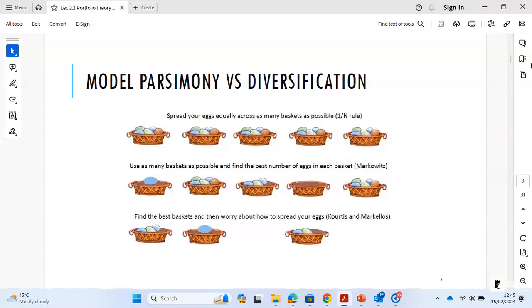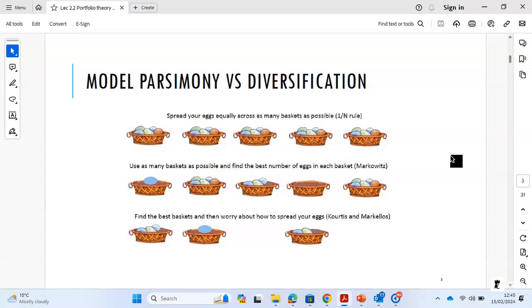And lastly, we have a further diversification strategy, which says find the best baskets first, and then worry about how to spread your eggs. Okay, so you need to identify the baskets, identify the assets or securities first. Then you need to worry about how much you're going to invest in each of those.